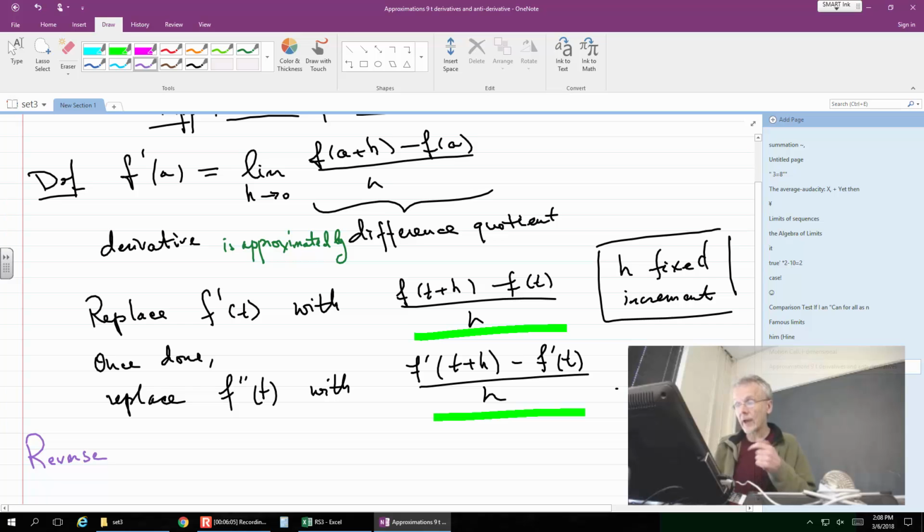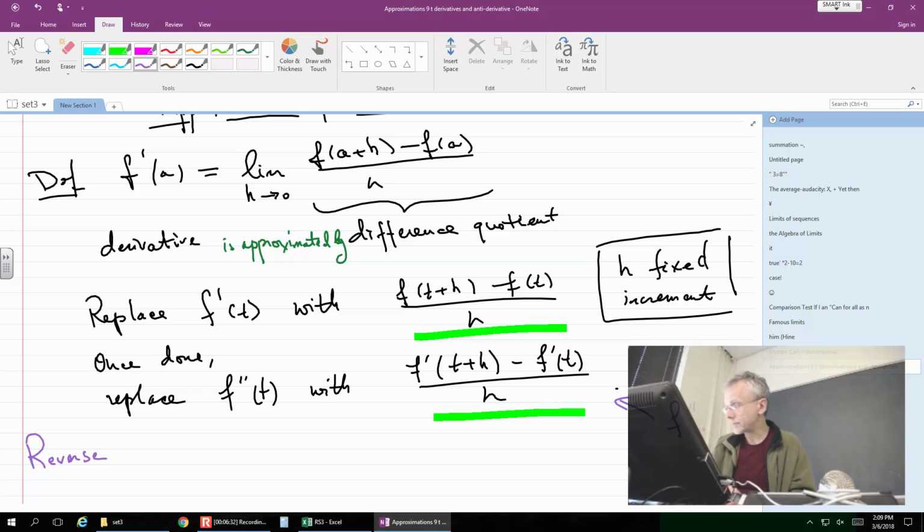So suppose f double prime is now given by this formula. Then what do we do to find f prime? We assume that we know the previous value, and we find the next value. So this is the formula.